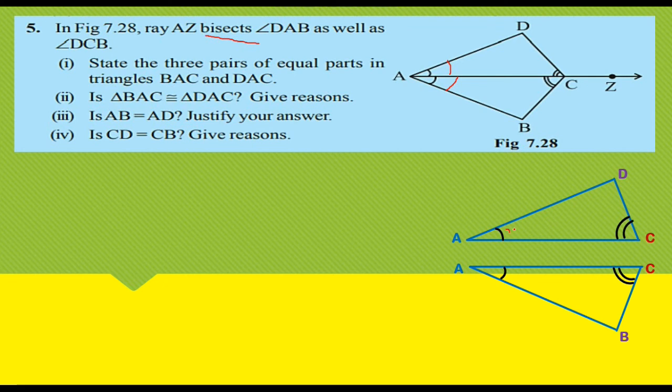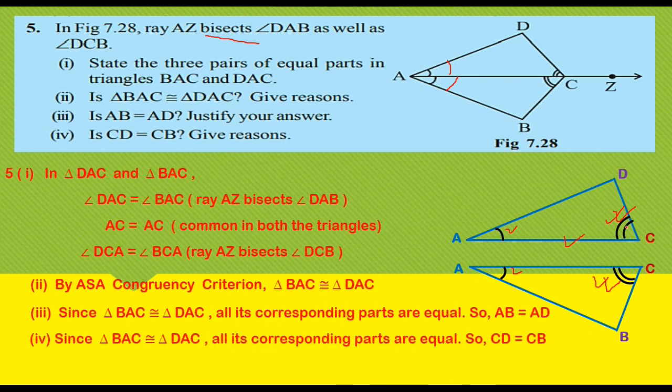So these 2 angles are equal. Again, ray AZ bisects angle DCB. So this angle is also equal to the second angle here. And AC is common in both. So we have angle, side, angle. ASA criteria makes the 2 triangles congruent.